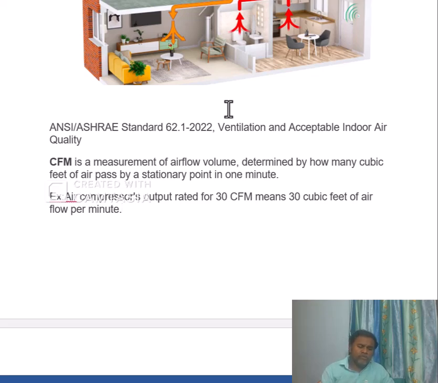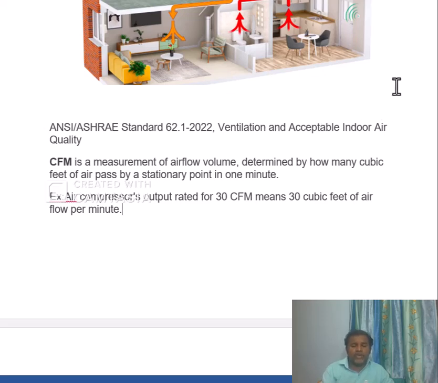Going forward, you can see some very good terminologies such as CFM. What is CFM? That is cubic feet per minute of air passing through a point. So it is a measurement of airflow.